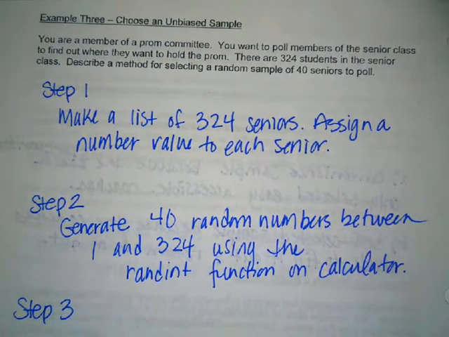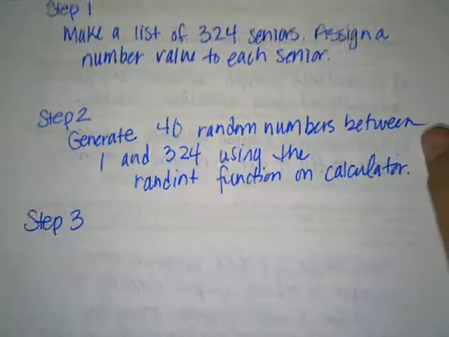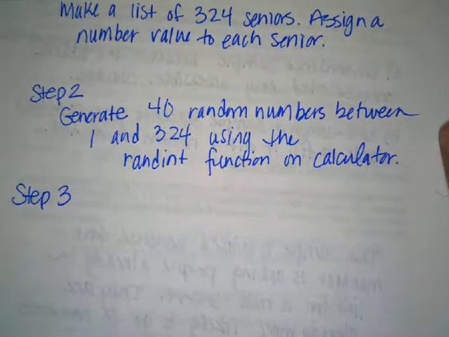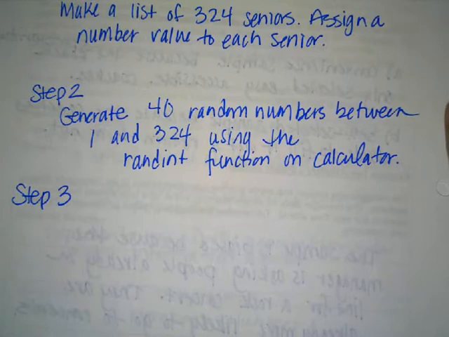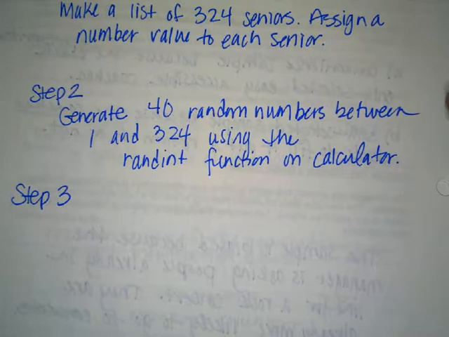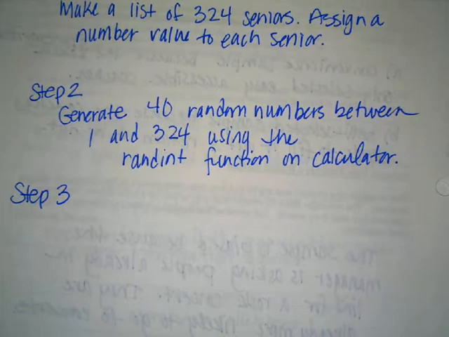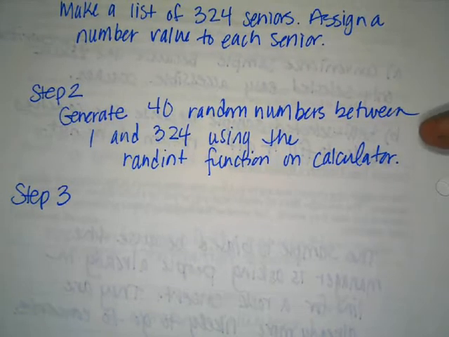Okay. If you didn't have a calculator, you could put the numbers 1 through 324 in a hat and then draw 40 numbers. Or like they do in the lottery, they put all those numbered balls in the little canister, they roll it around, and then 5 or 6 are randomly selected.